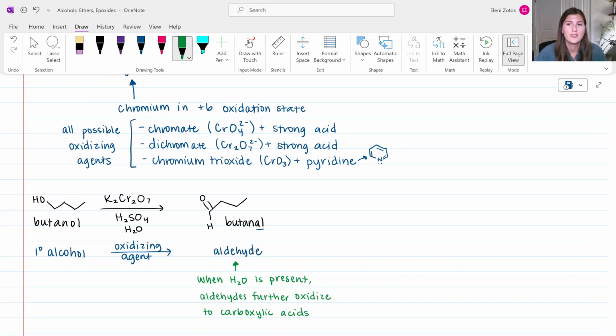So I said earlier, a few seconds ago, that if we want to stop at the aldehyde, we can't use the reagents with chromium. That statement is wrong. We just can't use the reagents where water is present.